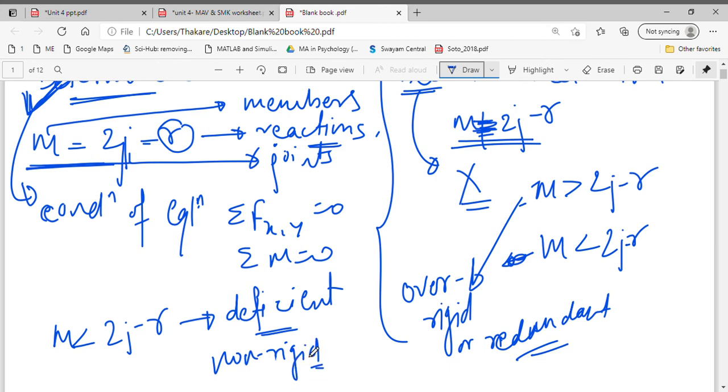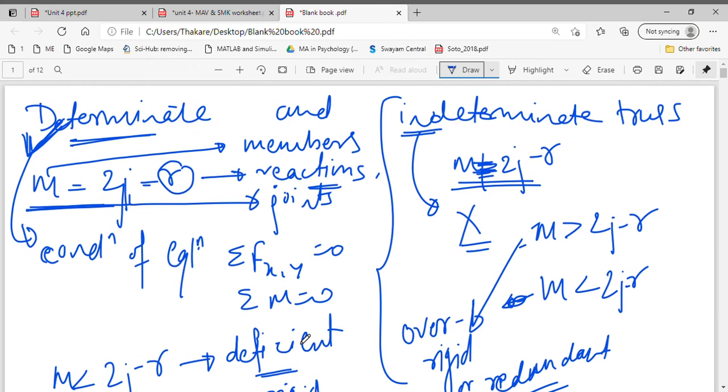So these are the basic types of trusses. A truss can be determinate or indeterminate. How will you determine a determinate truss? If a truss is determinate, it will satisfy the equation M equals 2J minus R, and if it is indeterminate, it won't satisfy the equation.